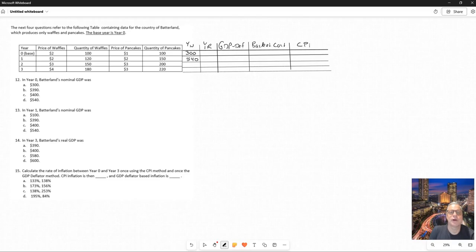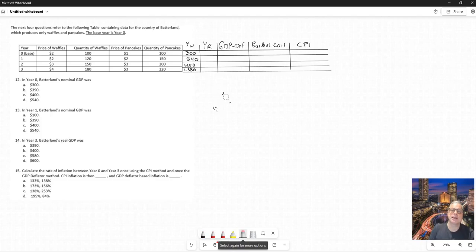Then we have 450 and 600, that gives 1050. Then we have 720 and 660, that is 1380. Okay, I hope I don't make any silly mistakes here.